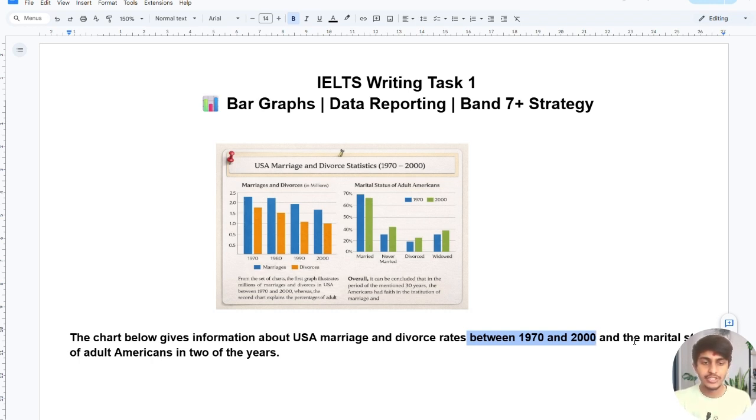And marital status of adult Americans in 2 of the years means this introduction covers the second chart, and in 2 of the years tells the examiner it is for comparison, not trends over time. If your introduction is confusing, your marks drop immediately. This introduction is short, clear and exam friendly.